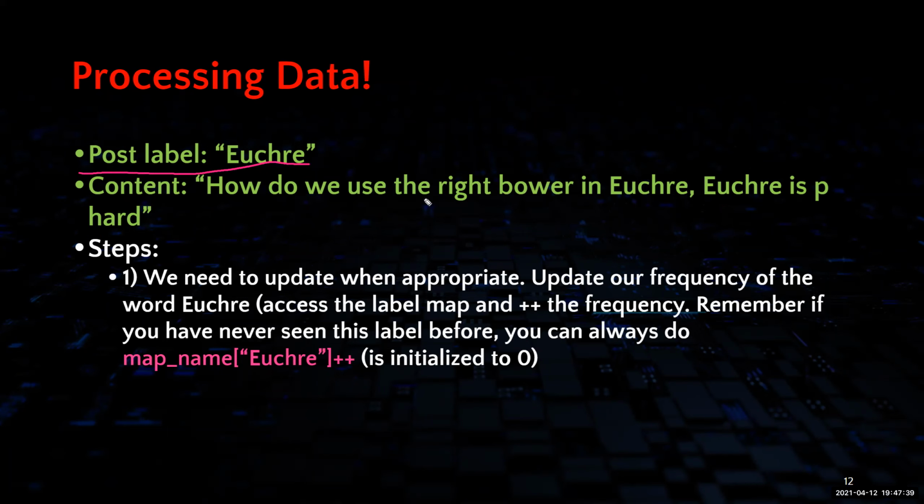Euchre is pretty hard. So what happens here is you first read in a CSV file, right? You want to go ahead and reflect the fact that this post is a euchre. To do that, all you would do is access your map of strings to integers, where the string is going to be a label and the integer is going to be the frequency.